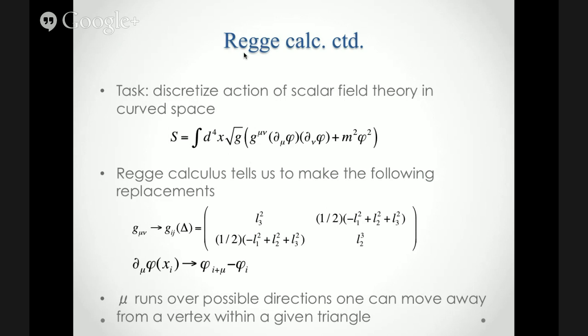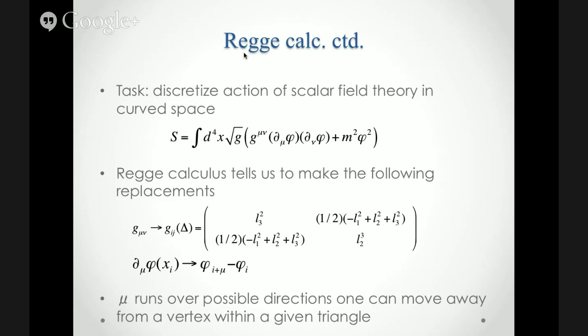So basically, you have triangles, and at each triangle, you make a little non-orthogonal basis. And at each triangle, you write your metric tensor with respect to that basis, but it's not an orthogonal basis, so it has these off-diagonal elements.